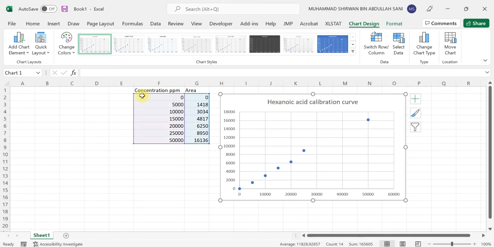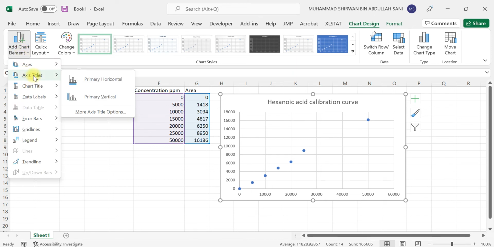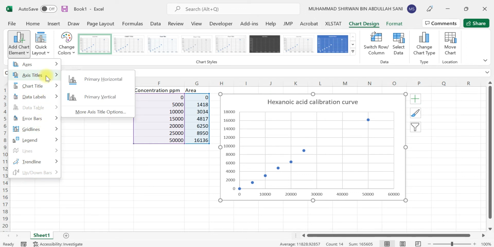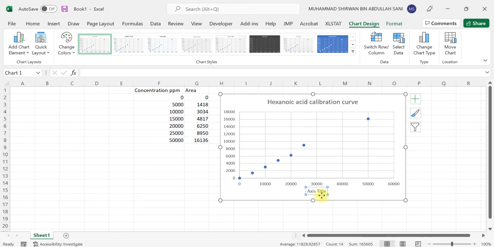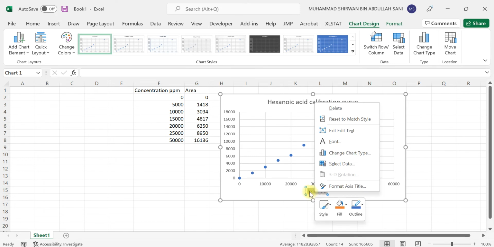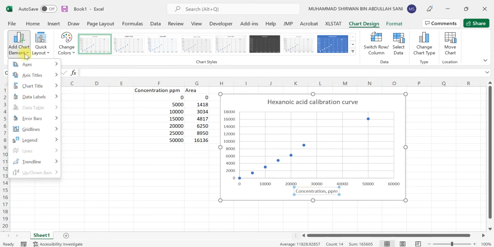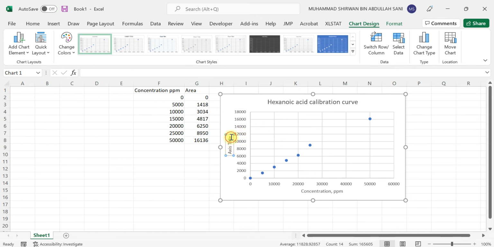Then we can add the axis title. No, we have to go to the label first. This is concentration, in ppm, or we call it microgram per mil. And then we can also put an axis title here: area of the peak, or peak area.